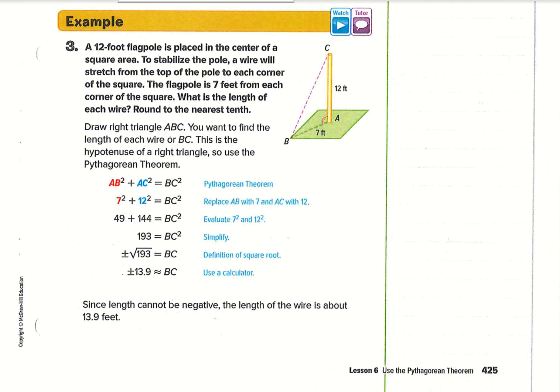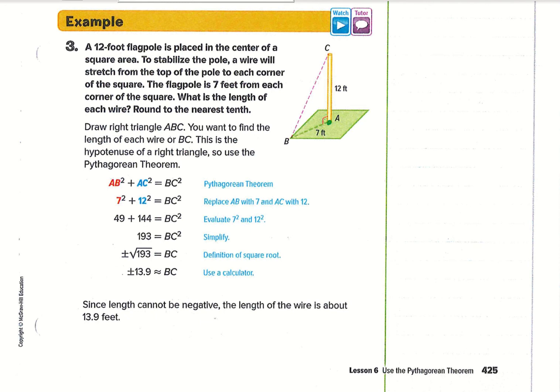All right, so once you've done that, the next thing we're doing is down here, also on page 425, example 3. It's just another example for us to look at. You're going to notice now with this triangle, they labeled the angles instead of the sides.